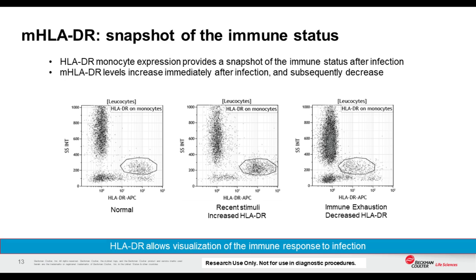Further, decreased expression of HLA-DR on monocytes is one of the best studied markers of sepsis-induced immune suppression. Together, monocytic HLA-DR and neutrophil CD64 form a potent combination of biomarkers for an accurate assessment of immune response during septic shock.